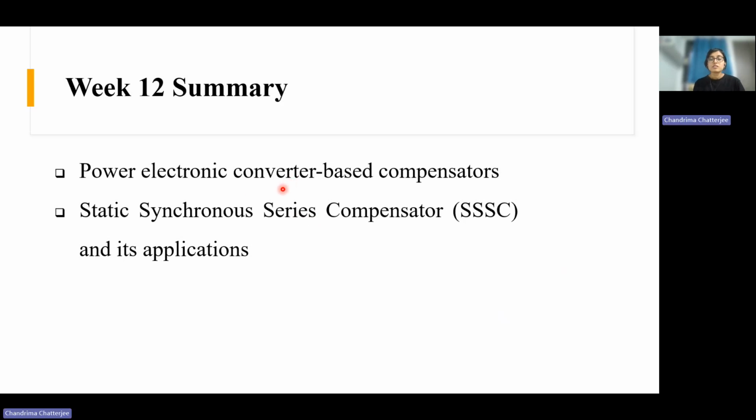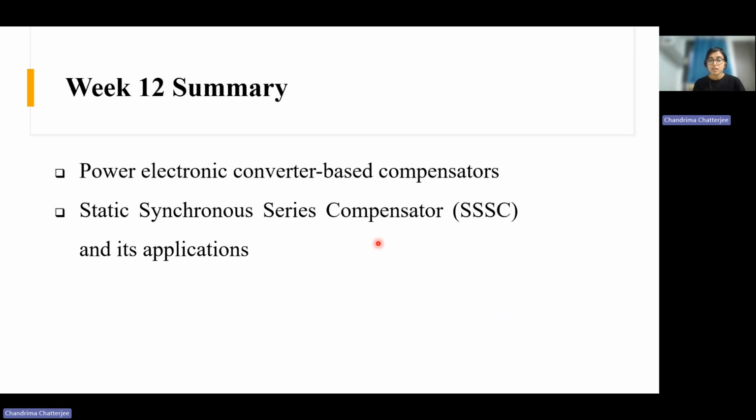The first power electronic based compensator that was discussed was STATCOM. The full form is static synchronous compensator, and today we will discuss the static synchronous series compensator, whose short form is SSSC. Obviously from the name you can understand that this is a series compensator.